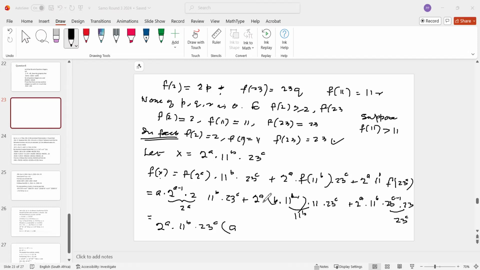Now here too, you've got 2 to the a, 11 to the b, 23 to the power of c. And these two together give you that. So again, you've got the same factor. You can take it out. And in this case, also, you've got the same factor. The thing that comes out is c.